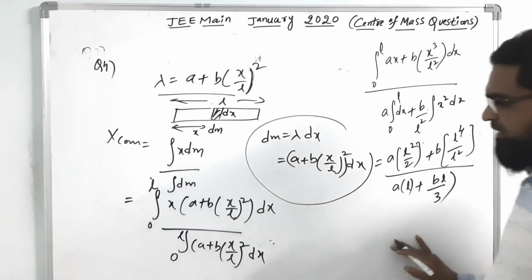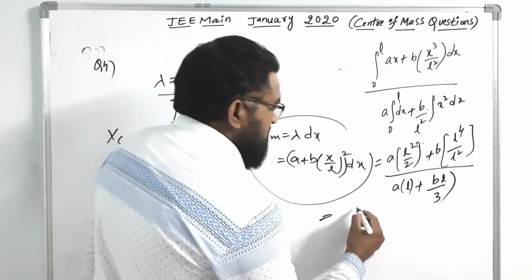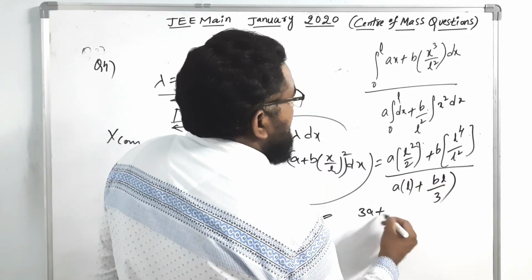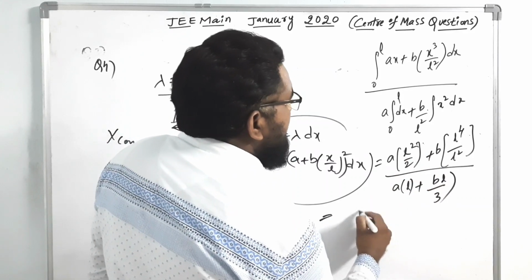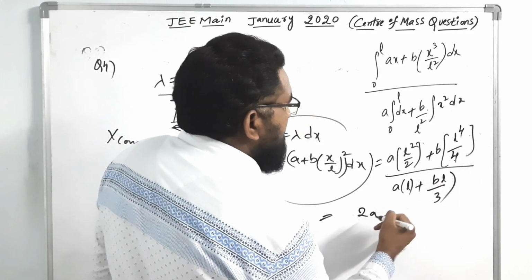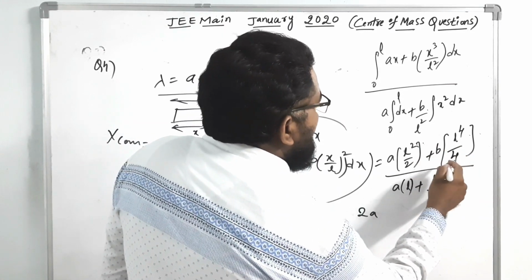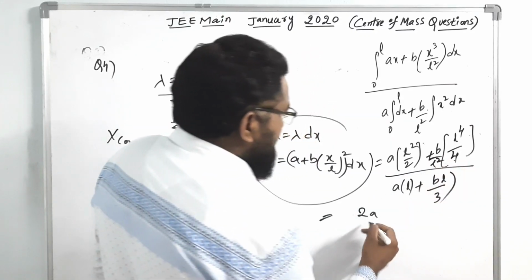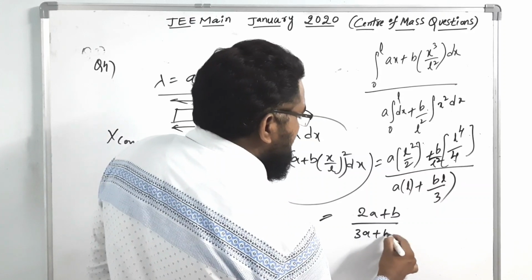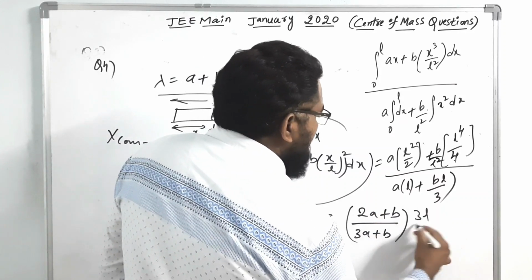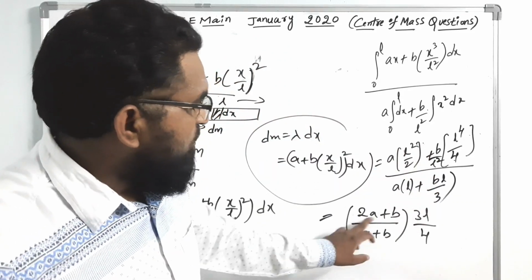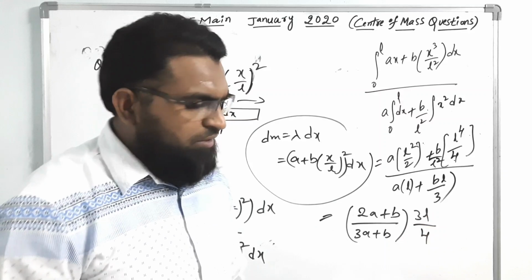So after LCM, finally we are getting 2a plus b by 3a plus b into 3L by 4.